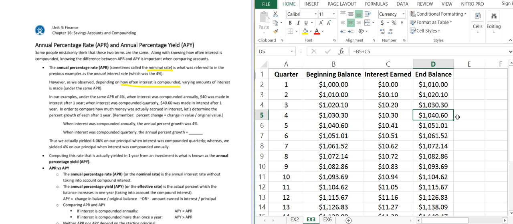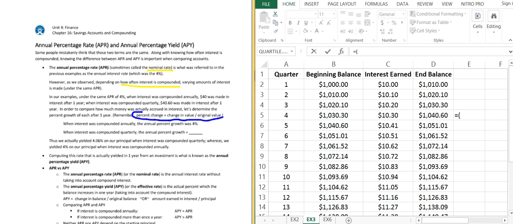So in order to look at the true percentage that I actually yielded, that's what we refer to as the annual percentage yield. So when I think about that here, in this example, off to the side, I start with an equals sign and open a parenthesis. If I think about percent change as good old new minus old over old, so remember percent change, new minus old, change in value over the original value.